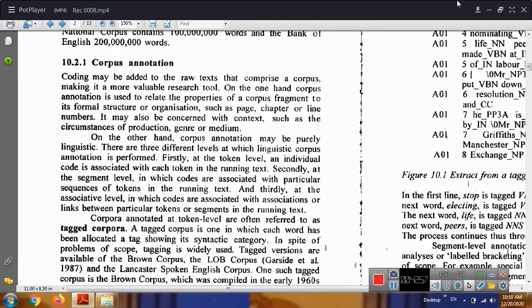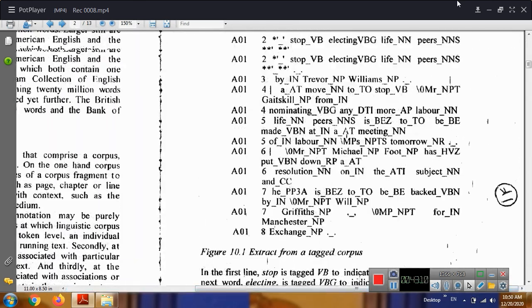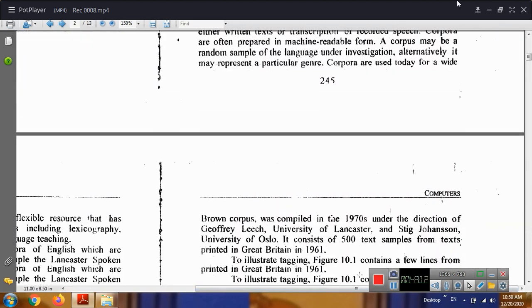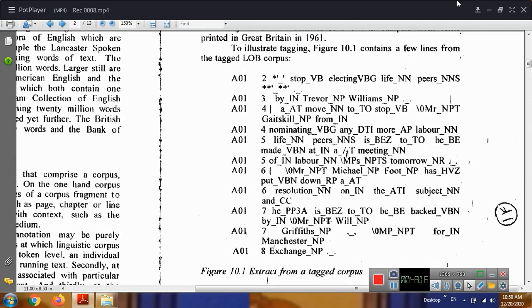When we annotate a text at the token level, we refer to it as a tagged corpus, and we say something about this corpus and even about the segment and associated forms.